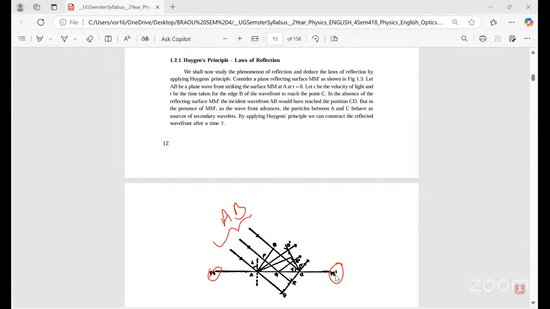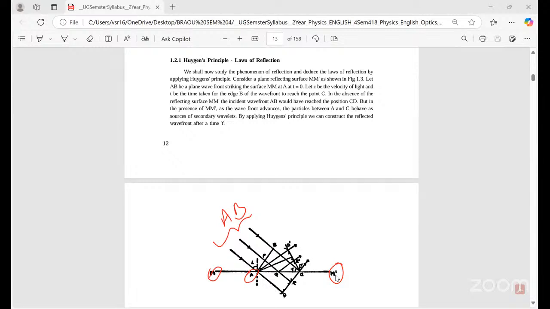This is a plane wave, which is striking the surface MM dash at position A, at time t equals 0.